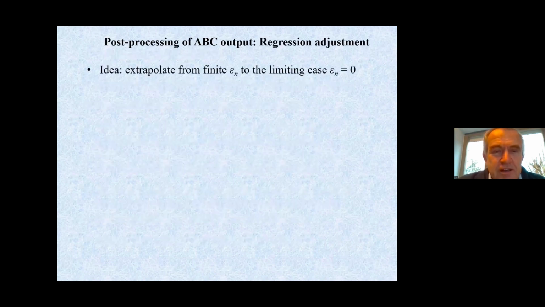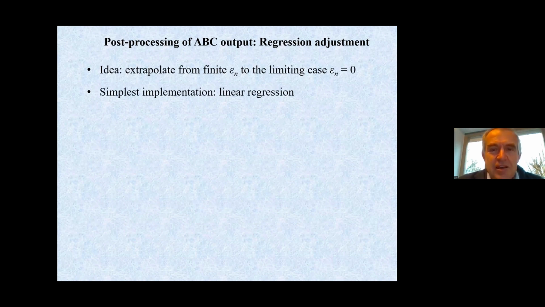What is important is that you don't typically take the resulting posterior as such, but since you have finite deviations of the moments between the empirical and the simulated data, you adjust the final posterior by something like a regression.